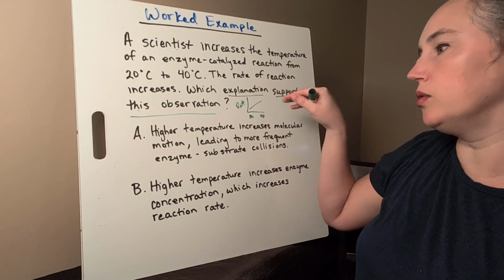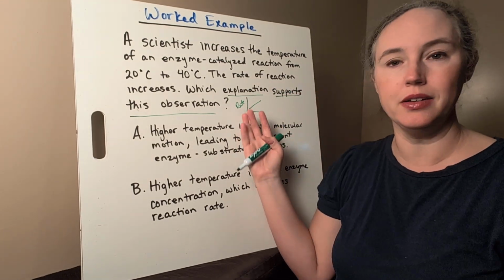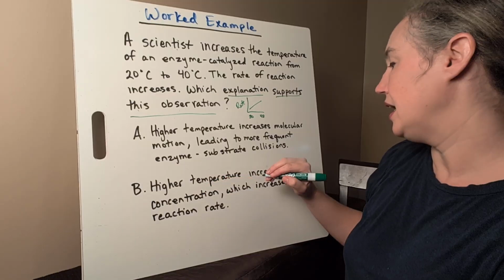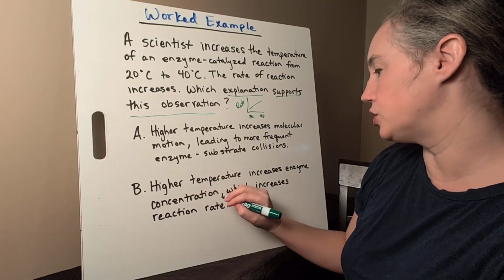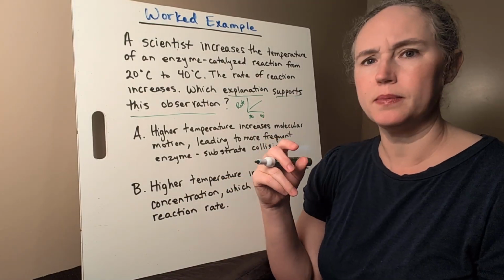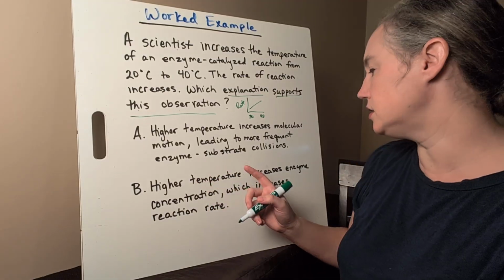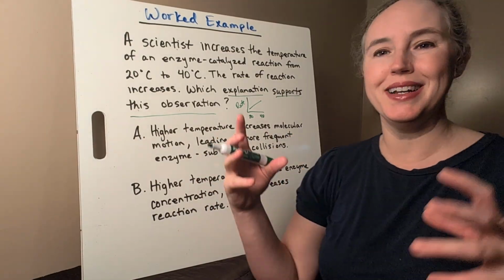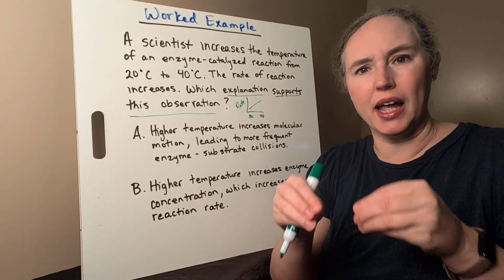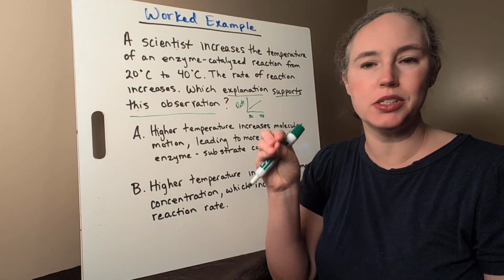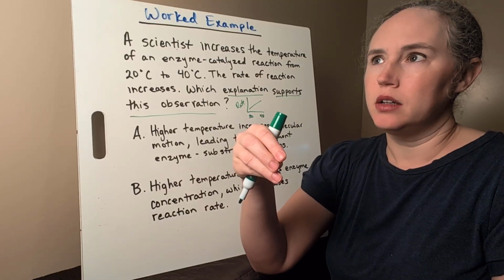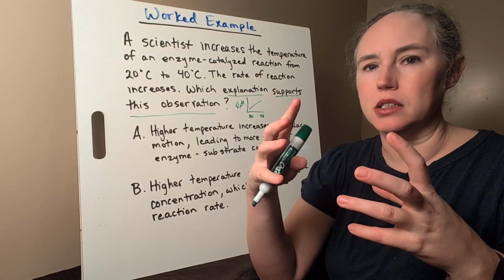So you're going to get a higher rate. So far, feeling good. This one, higher temperature increases enzyme concentration. Let's pause there, because higher temperature does make things move faster, but it doesn't add more enzyme. Increasing enzyme concentration means there's more enzyme in the space.